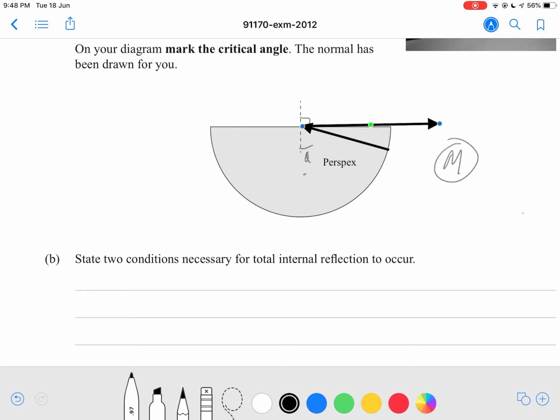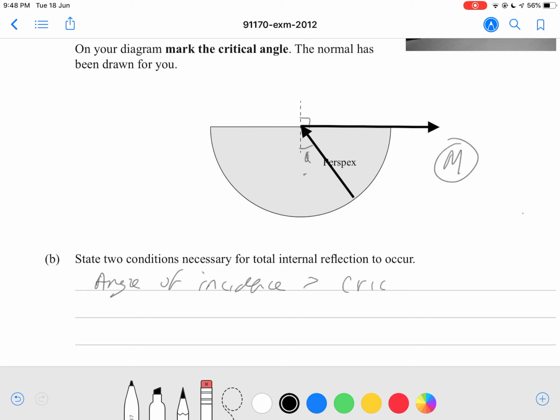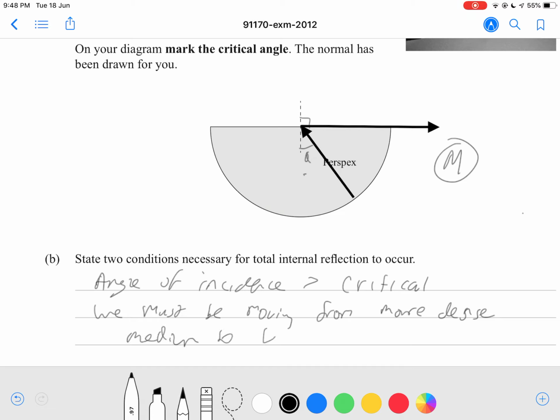So what are the conditions necessary for total internal reflection? The angle of incidence is greater than the critical angle, and we must be moving from a more dense medium to a less dense medium. Why?